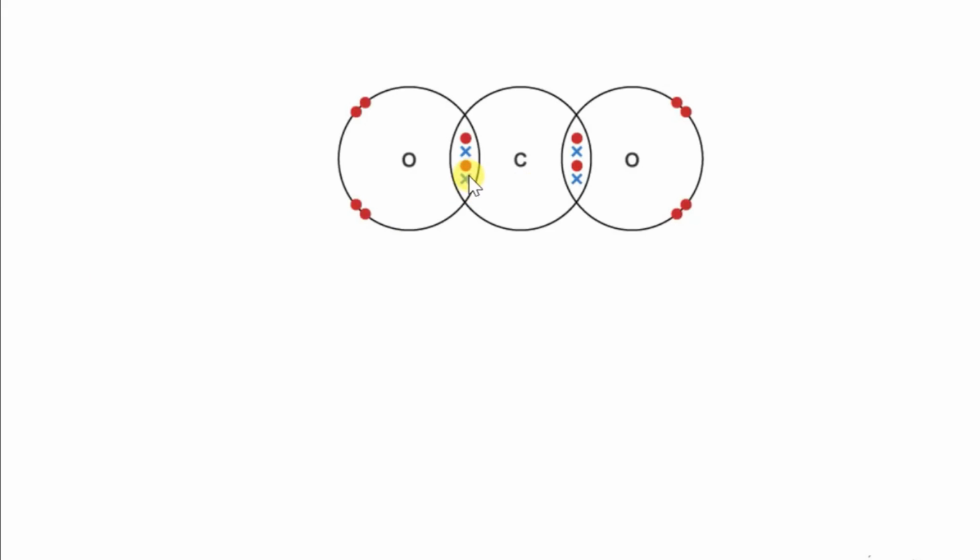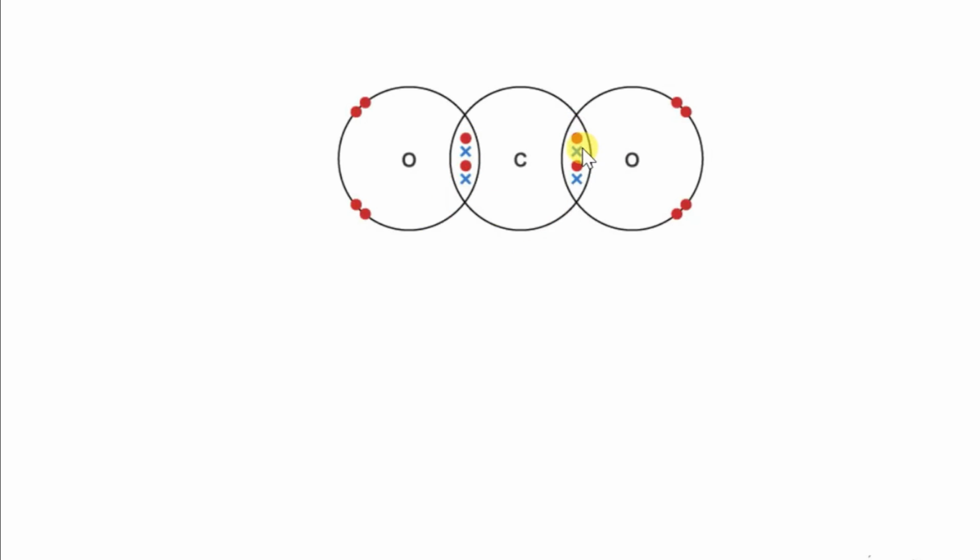So oxygen shares a pair of electrons from the carbon atom, and that gives oxygen a full outer shell. See, we have 1, 2, 3, 4, 5, 6, 7, 8. So it's a full outer shell. Same with the other oxygen atom. Likewise, carbon can receive a pair of electrons from each oxygen atom, as we can see here.